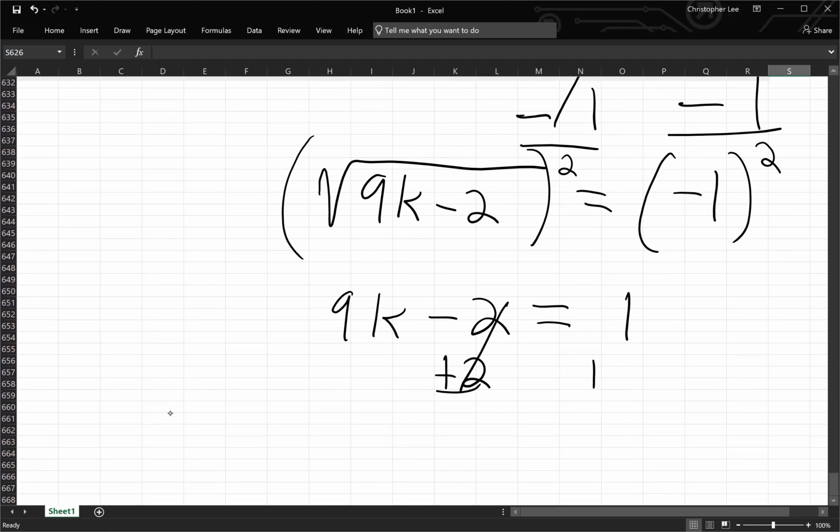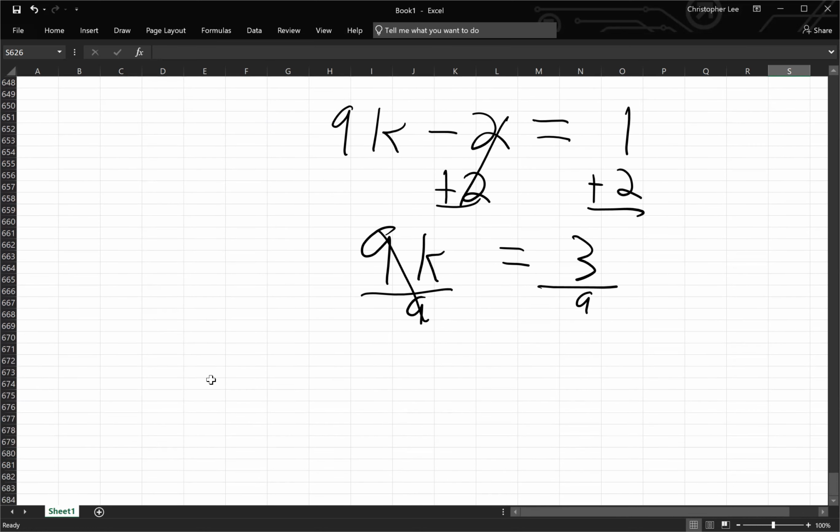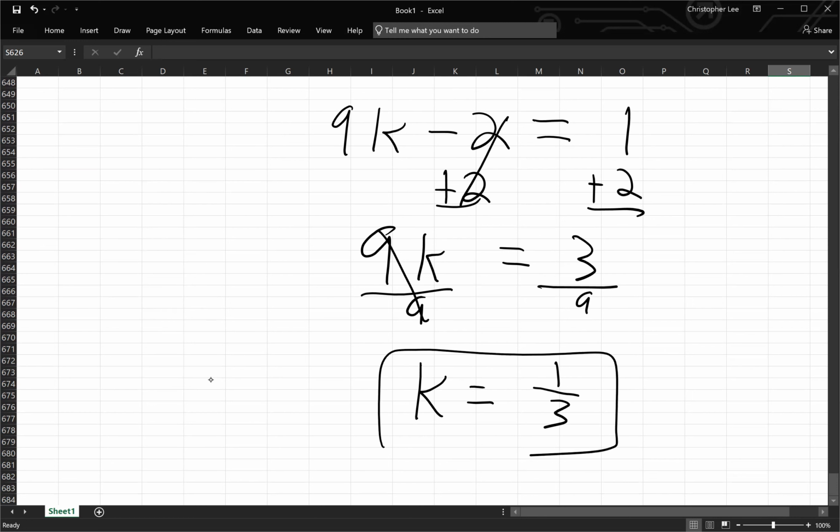What I do to one side, I do to the other. This is gonna be what? 9k is equal to what's 1 + 2 again? 3. Okay. Divide by 9. What I do to one side, I gotta do to the other. So what's that equal to? k equals 1/3, right?